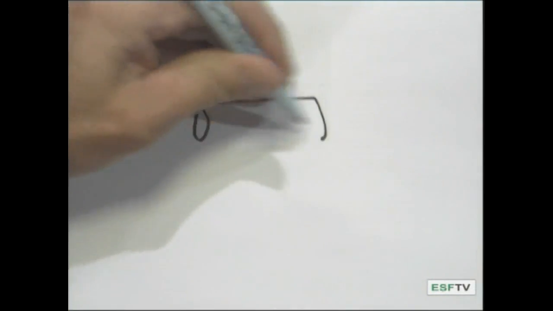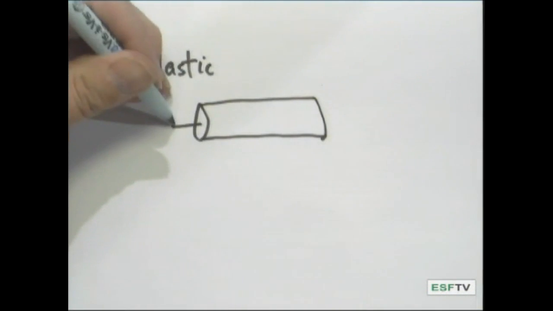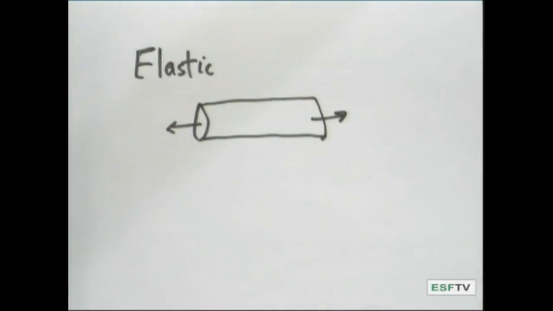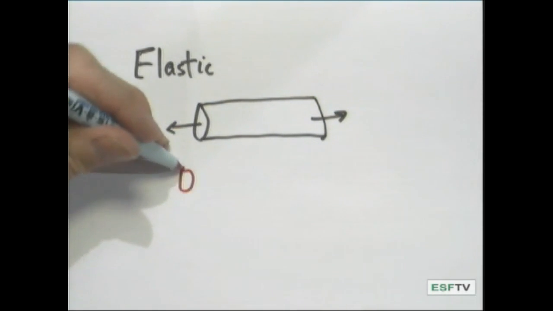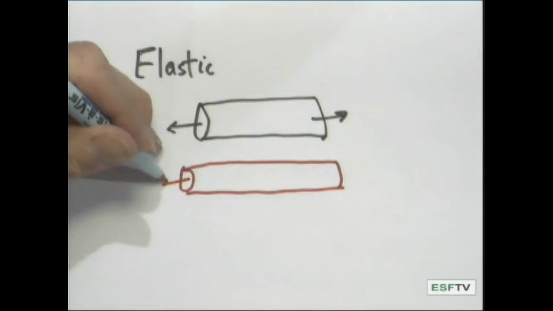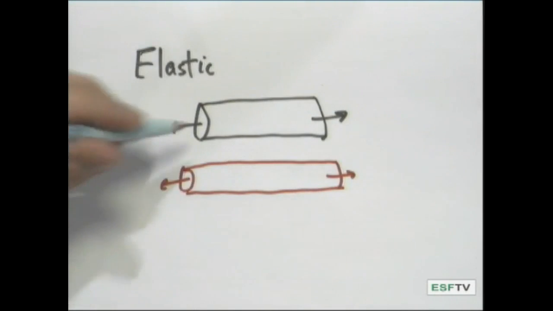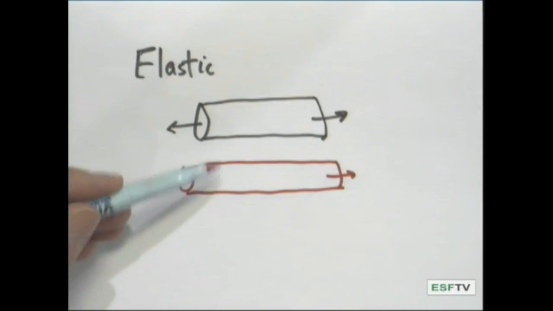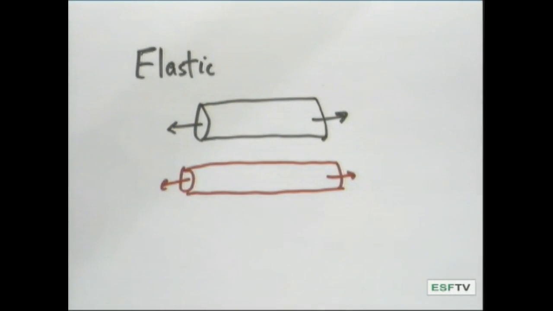So if we take a cylinder, for example, and we put a tension force on it, that is, we pull it from both ends, this cylinder will deform, it will get longer under that force, and it will also tend to get thinner under that force as well. Now, the degree to which that stretching will take place will be dependent on the force.